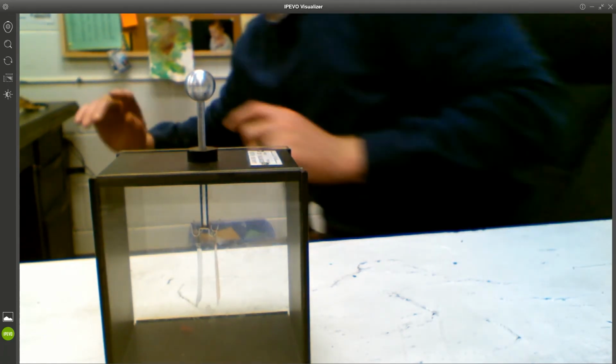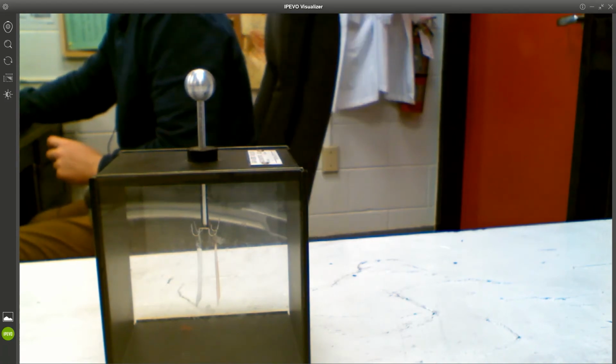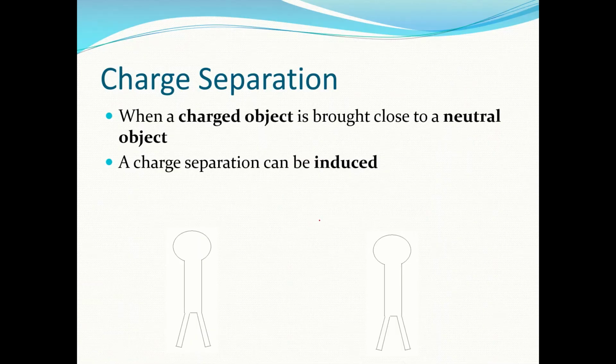So charge separation, I can explain what's going on. Right now, this is neutral, right? There's equal positives, equal negatives. So the leaves lay sort of limp.